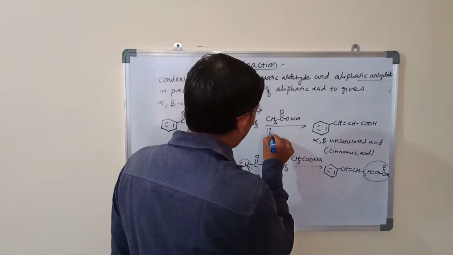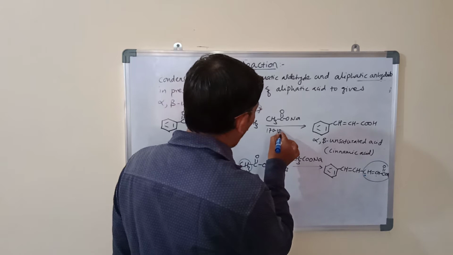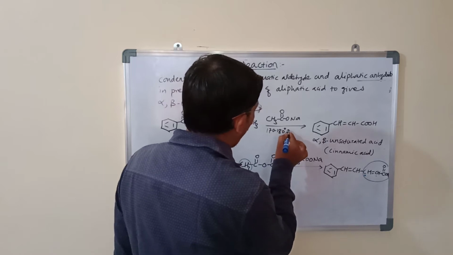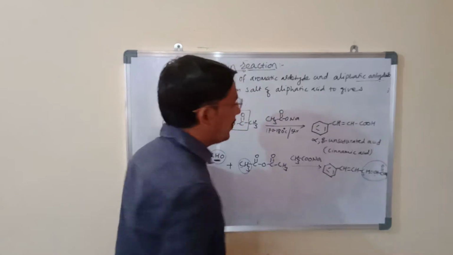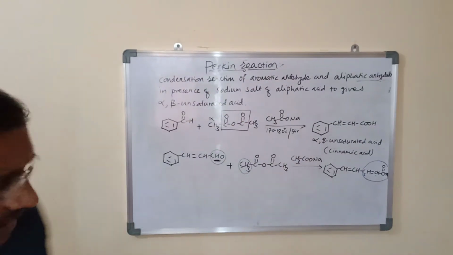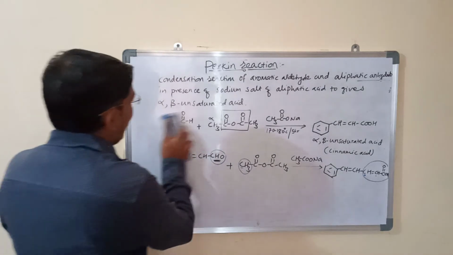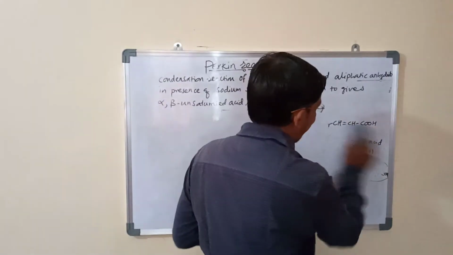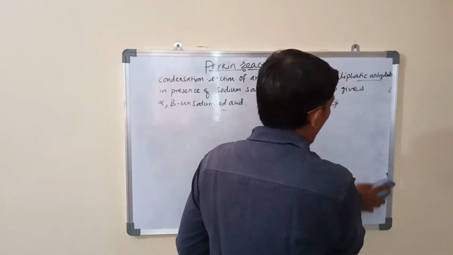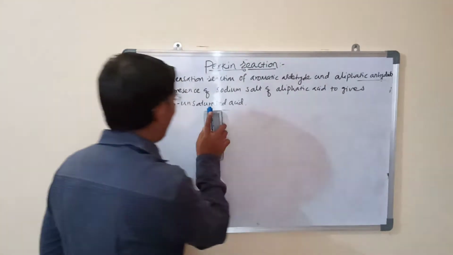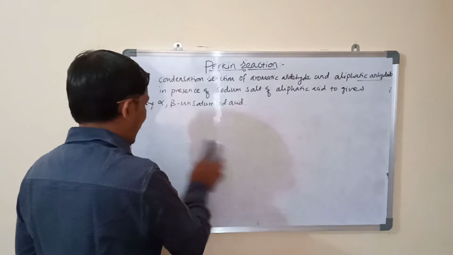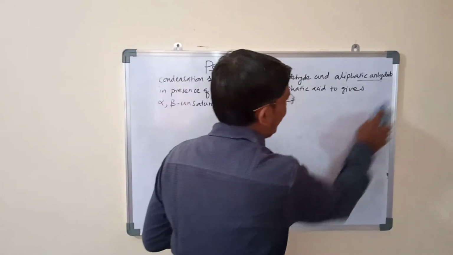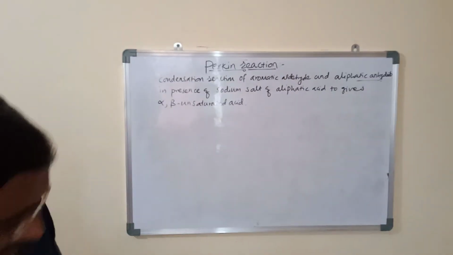The temperature of this reaction is about 170 to 180 degrees Celsius, for about 5 hours of heating to get the product. Now we will see the mechanism of this reaction, and why 2 alpha hydrogens are required. A very simple reaction.